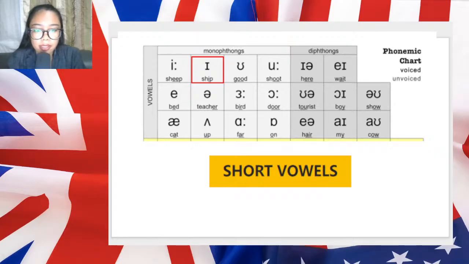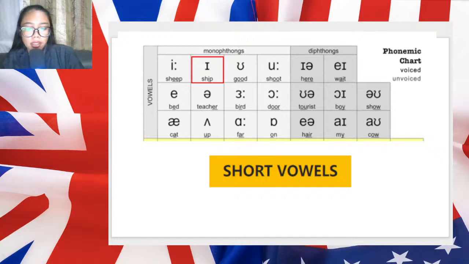This is pronounced as i. Again, i. It's quick. It's relaxed. So you don't hold the sound a little bit longer. It's just i, as in the word ship. This is the sound you hear in words like sit, hit, fish.